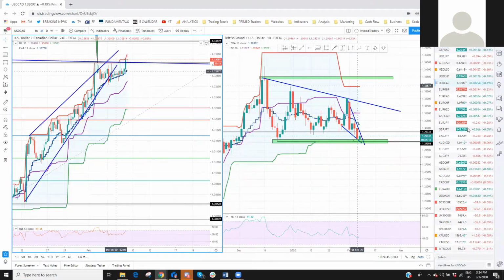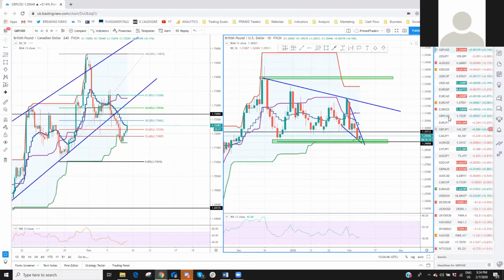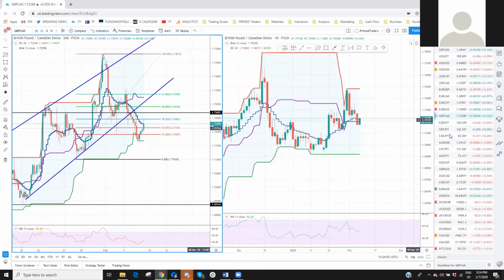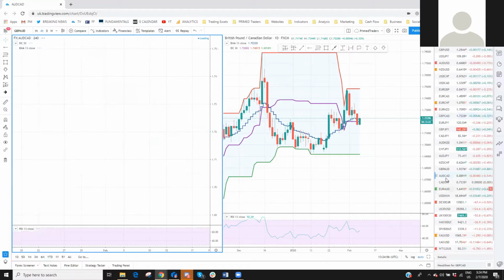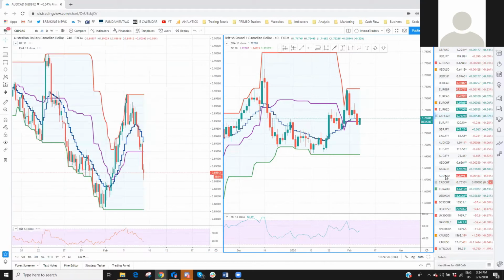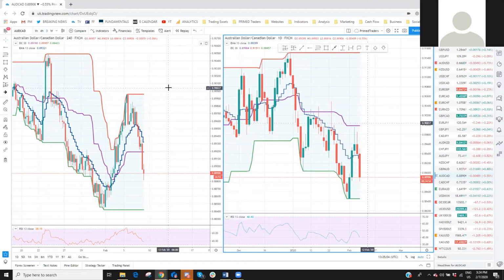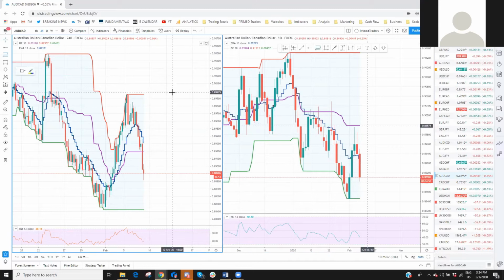Looks like a reversal from this view. GBP CAD is out of a trading range. AUD CAD. I hope you all understood why I would be buying GBP USD.